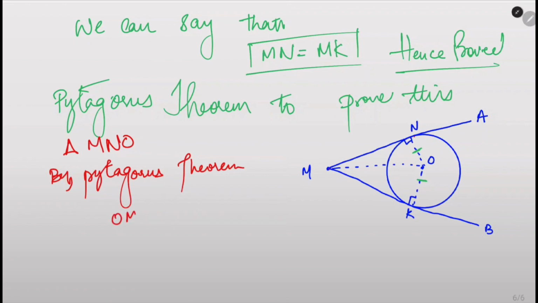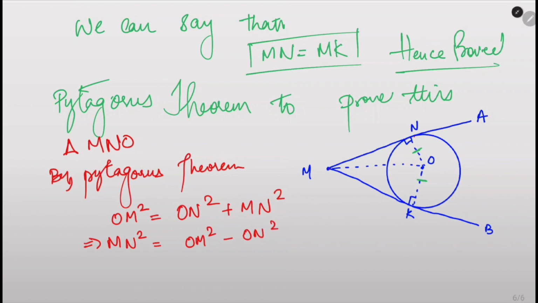So OM square is equal to, hypotenuse square is equal to base square plus perpendicular square, right? So this gives MN square is equal to OM square minus ON square.